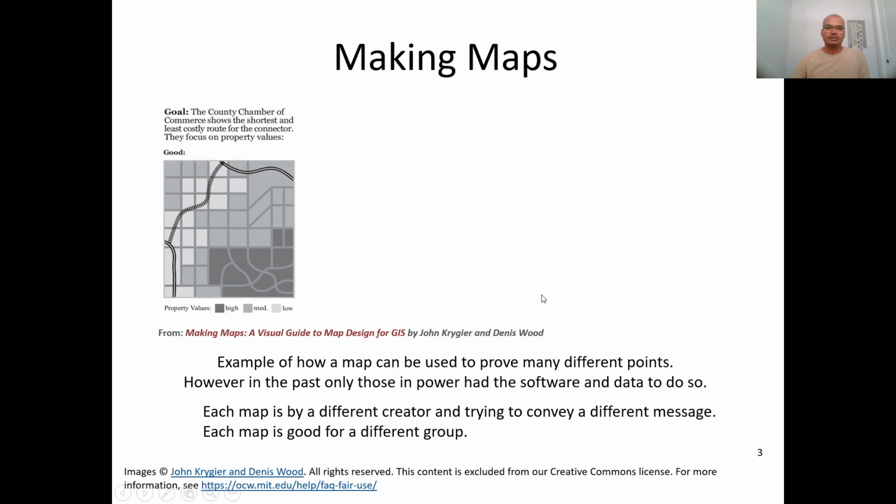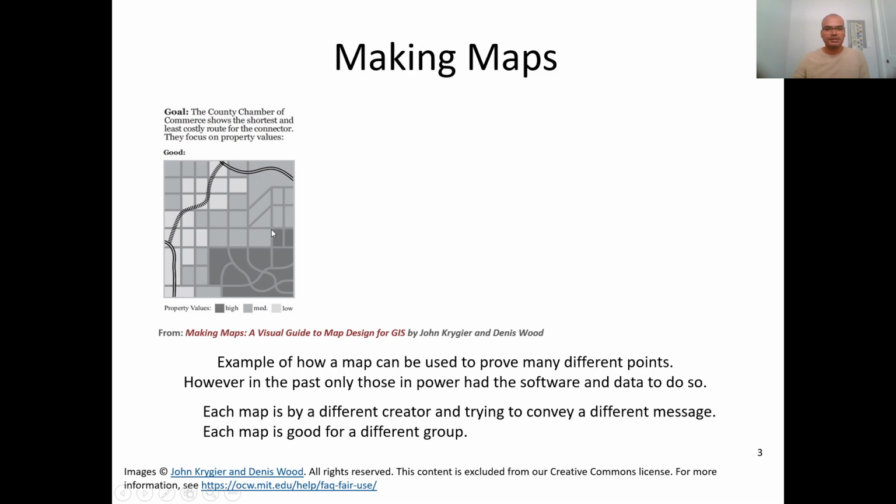If you look at this map, which is prepared or designed by a Chamber of Commerce, they proposed a new connector route between two highways, considering the property values.